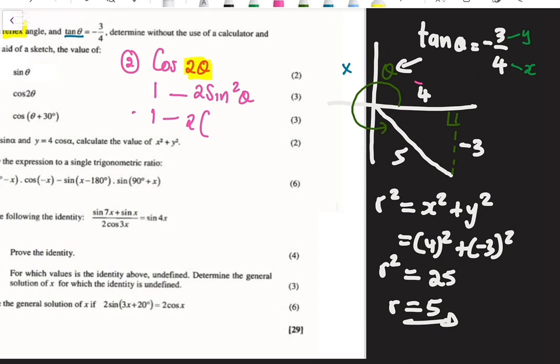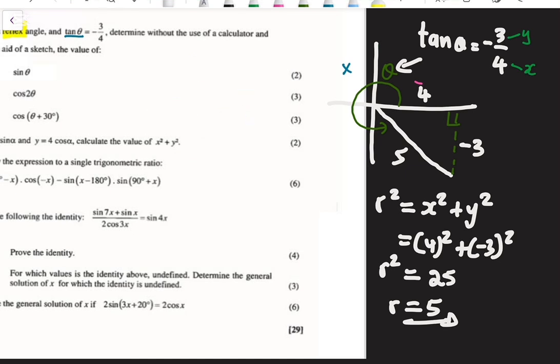What is sine theta? Sine theta is negative 3/5 all squared. So this is the same as 1 minus 2 into 9/25. And then the final answer here will be 7/25. Let's move to the next one.